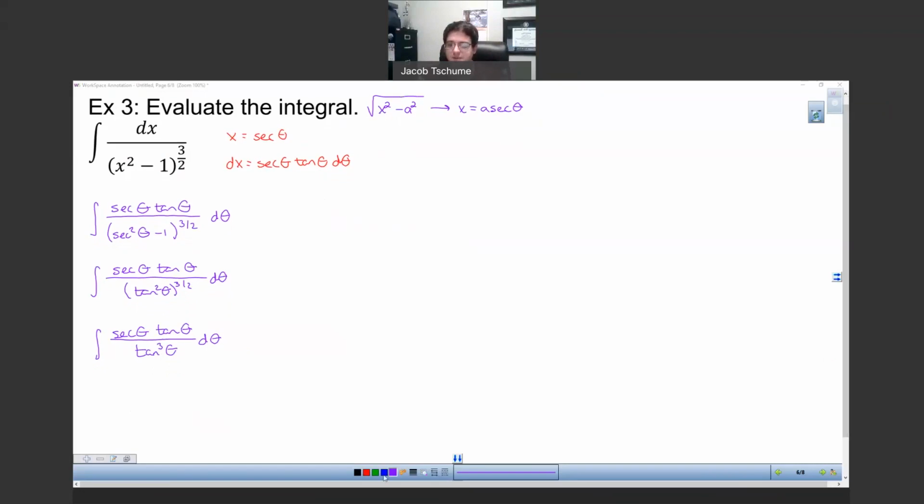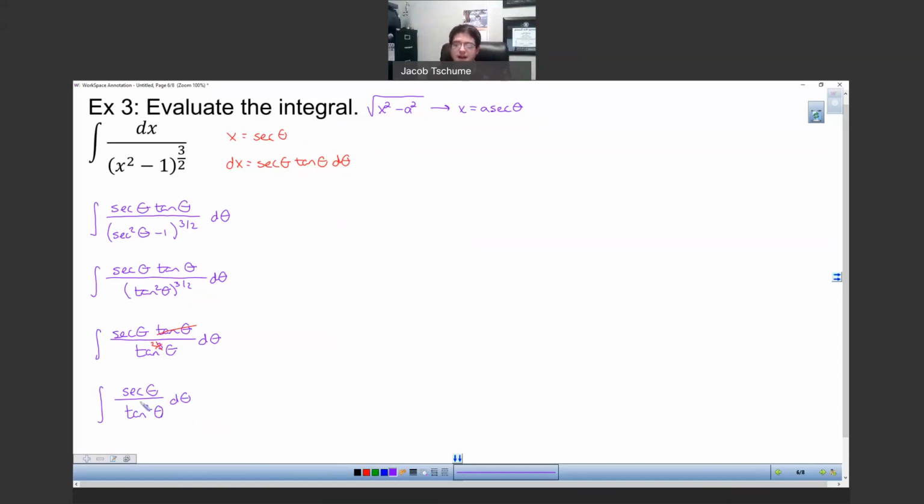Now that does simplify. You can cancel one of your tangents off. So this tangent cancels one of those, and we will end up with the indefinite integral of secant theta over tangent squared theta. Now, this is not one of your rules or one of your strategies that we covered, so we're going to have to use some other known identities to get this into something that we know how to integrate, either from a rule we've covered in the past or one of the rules off of our chart.